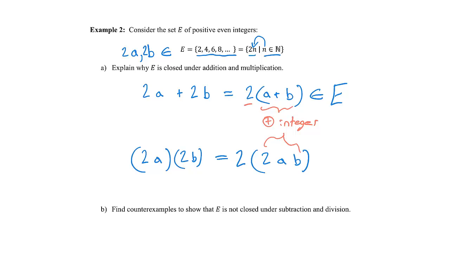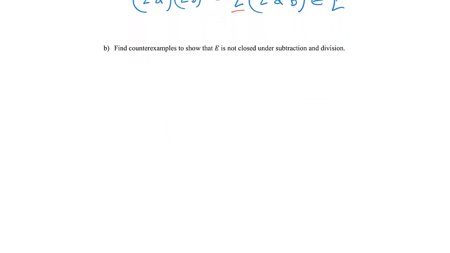When we take that positive integer and we multiply it by 2, we can guarantee that we have an even positive integer. So it works out in all cases to explain why E, the capital E set, is closed under addition and multiplication.